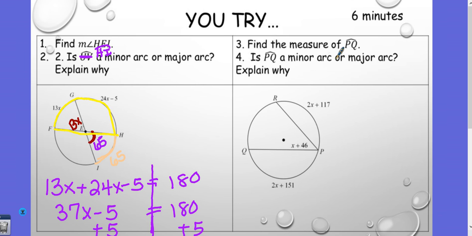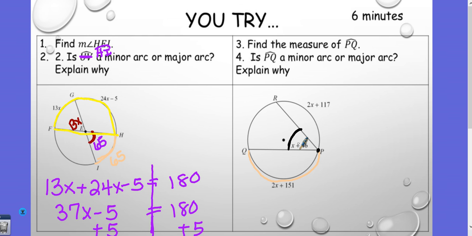It says find the measure of arc PQ. So I am going to highlight arc PQ. That's this arc right here. And I'm also going to put some key information in here. This is an inscribed angle because the vertex is sitting on the circle.